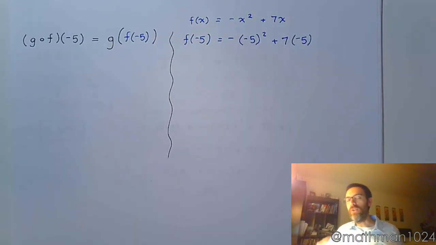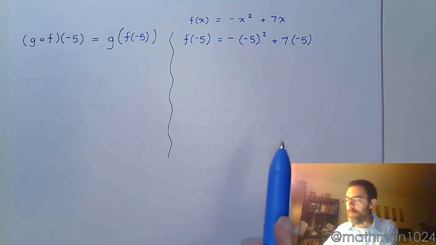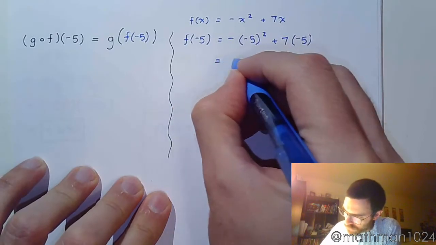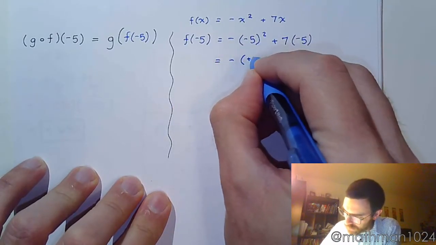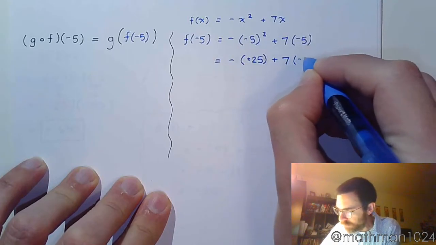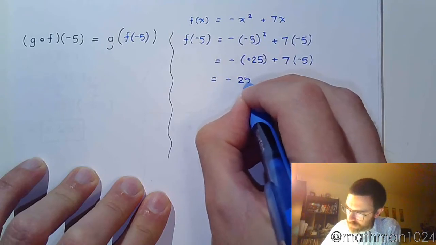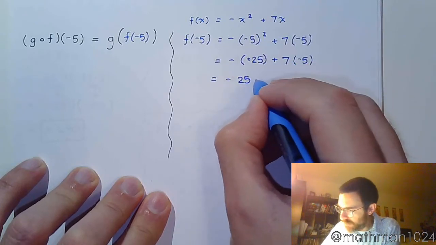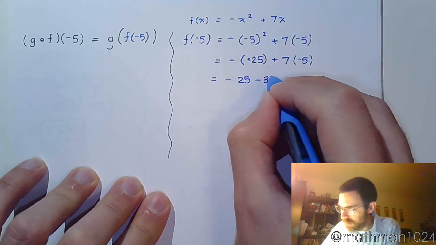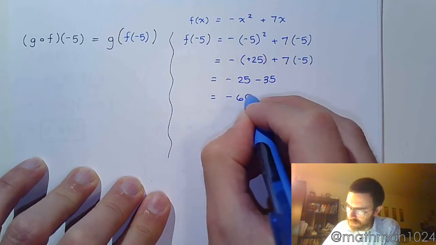So I can see what my original function is, and you see that each x is being replaced with negative 5. Okay. So here, this is negative 5 squared is a positive 25. So that's negative 25. 7 times negative 5 is negative 35, and this combines to give us negative 60.